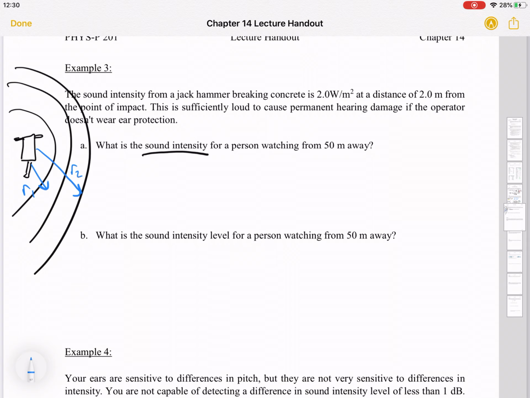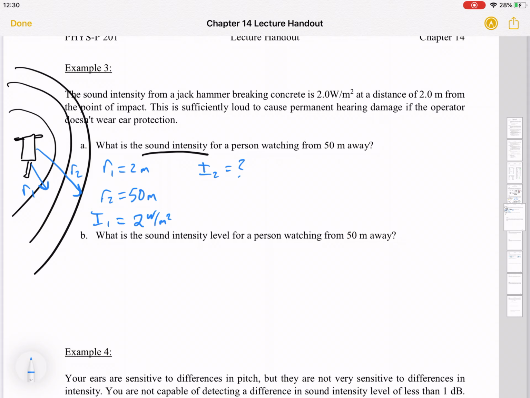That's R2. So let's write this down. R1 equals 2 meters, R2 equals 50 meters, and I1 is 2 watts per square meter. And the question is, what is I2?